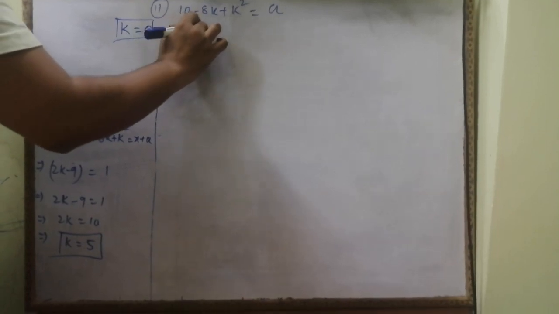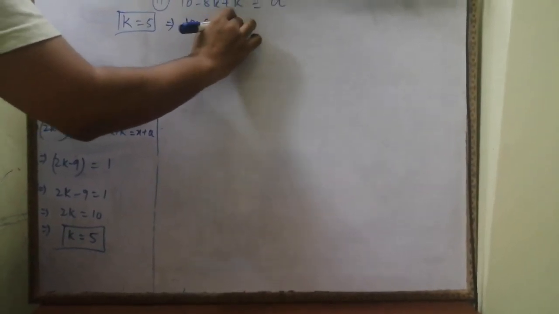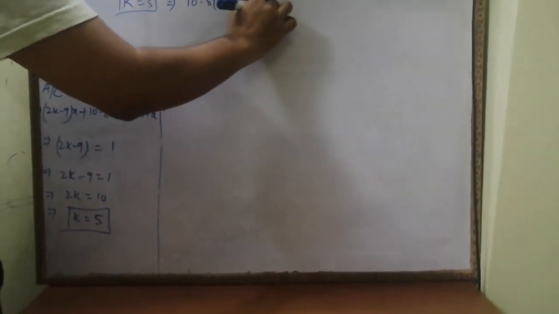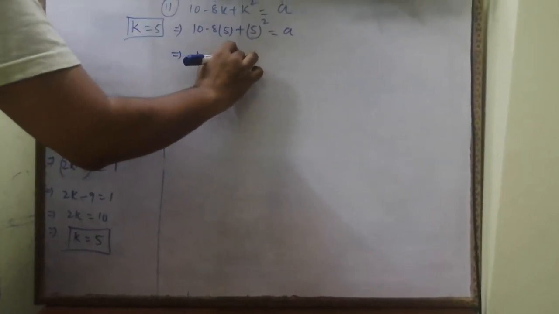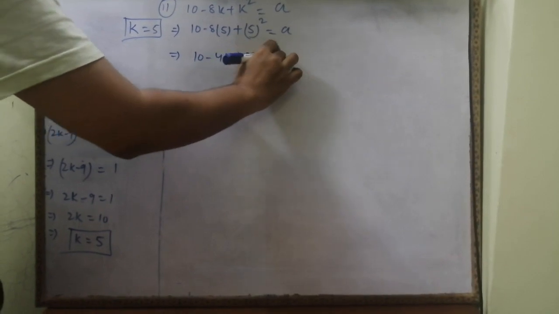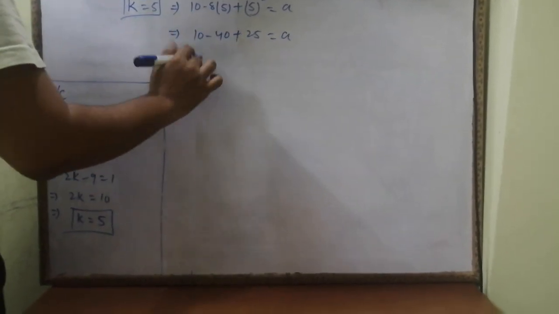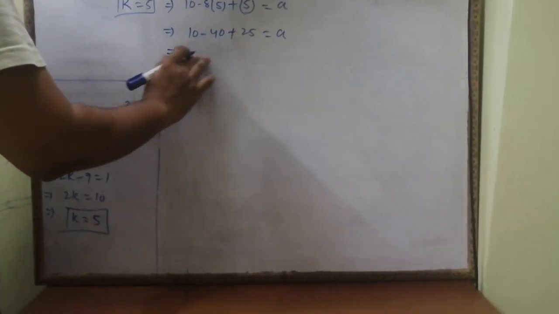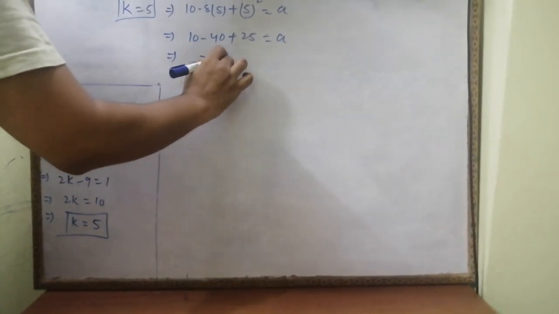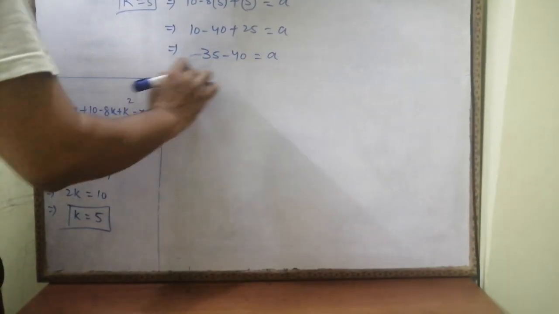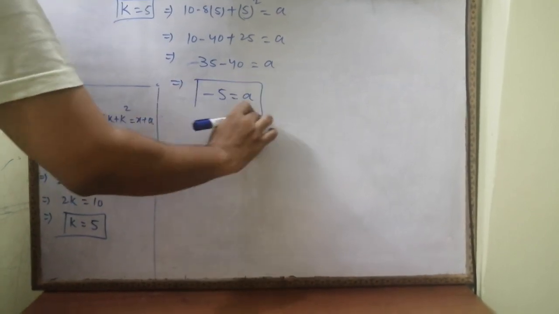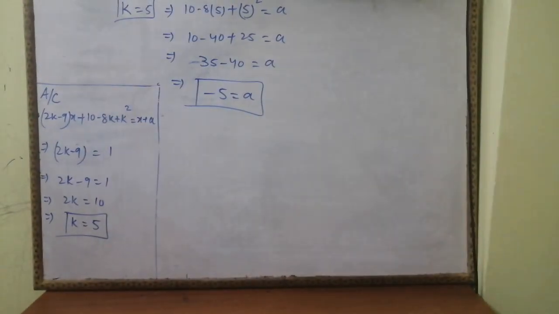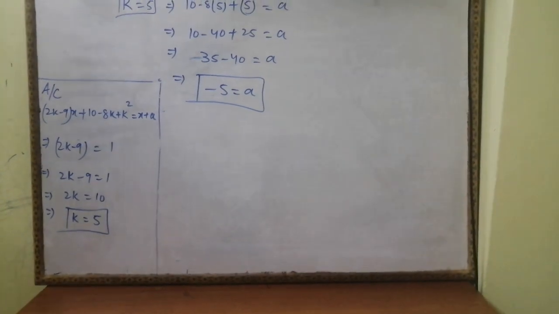So 10 minus 8 into 5 plus 5 square is equal to a. Now 10 minus 40 plus 25 is equal to a. 25 plus 10 is 35, minus 40 is equal to a. Then minus 5 is equal to a. So a is equal to minus 5 and k is equal to 5. This will be your answer.